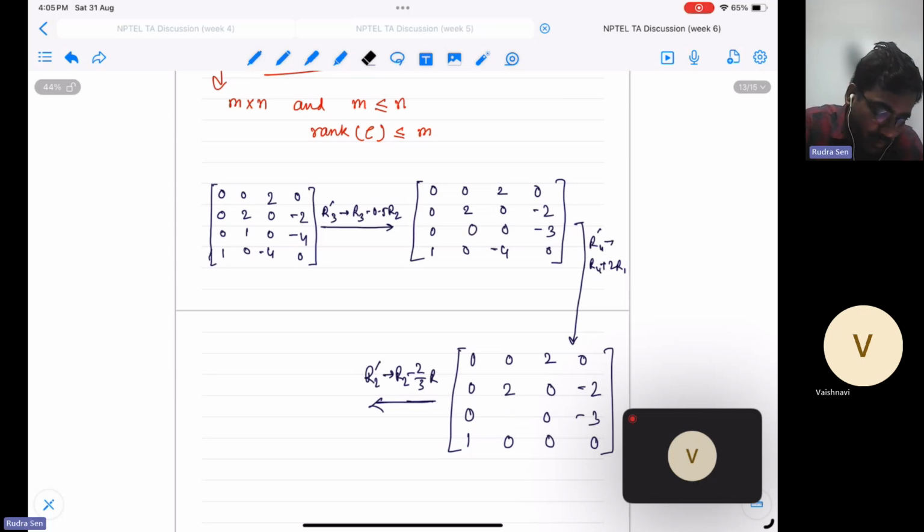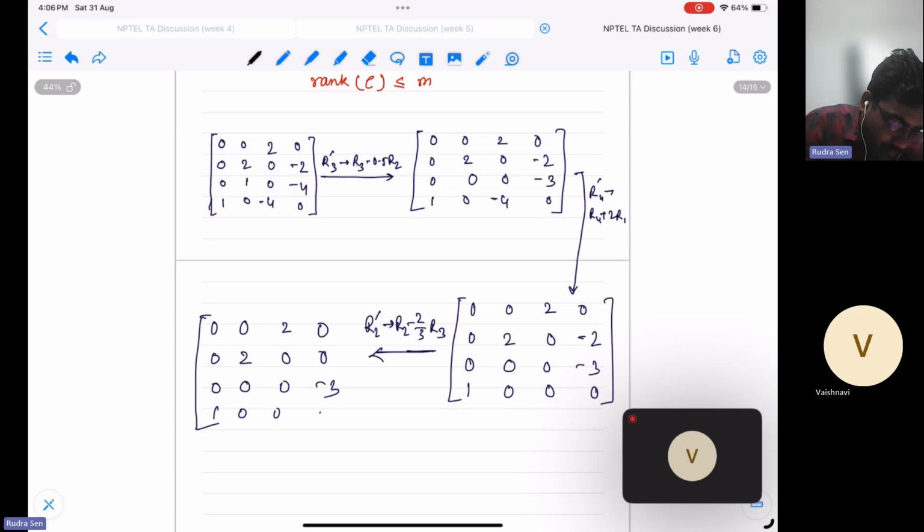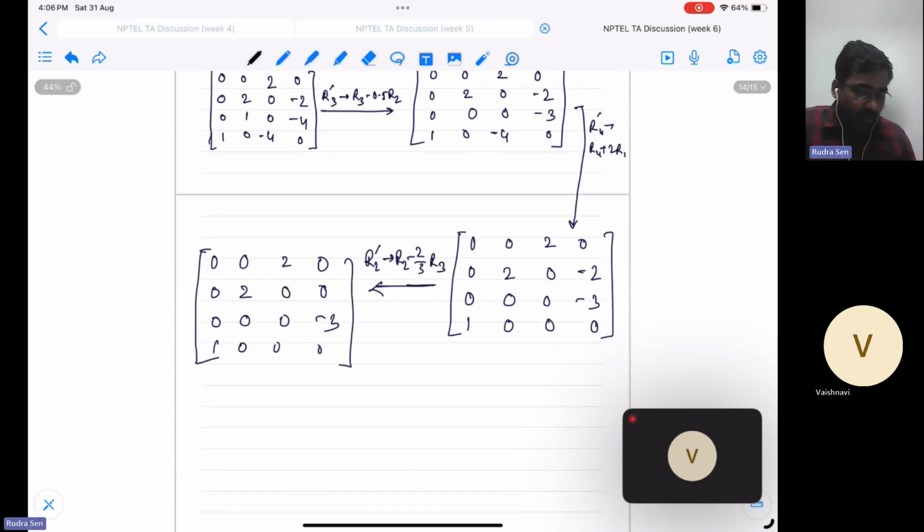So R2 minus 2/3 R3. So this is 0, 0, 2, 0. I'm changing this R2. So this is 2/3 minus 0, 0, 0, 0, 0, minus 3, 1, 0, 0, 0. So finally we reach this matrix.